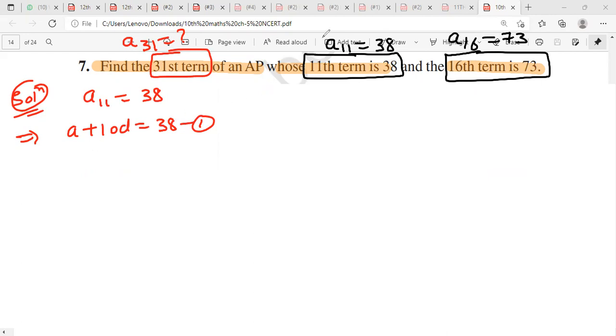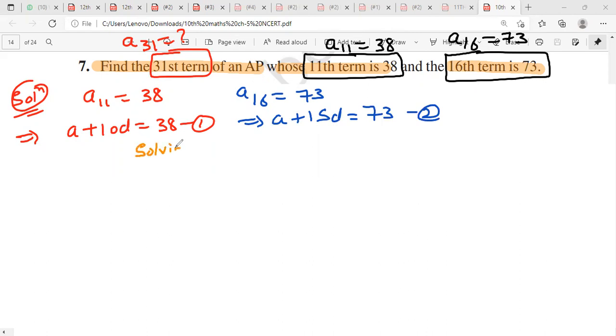फिर आपको कहा जा रहा है कि A16 जो है आपका 73 है. तो A + 15D आपका 73 है. तो ये आपके पास दो इक्वेशन आ गई. Now what we will do?